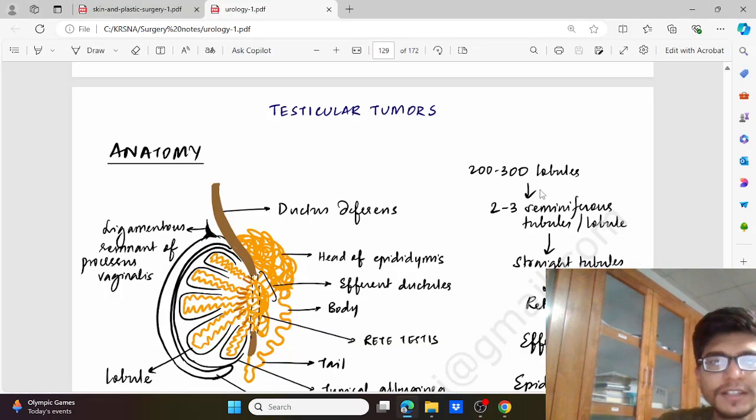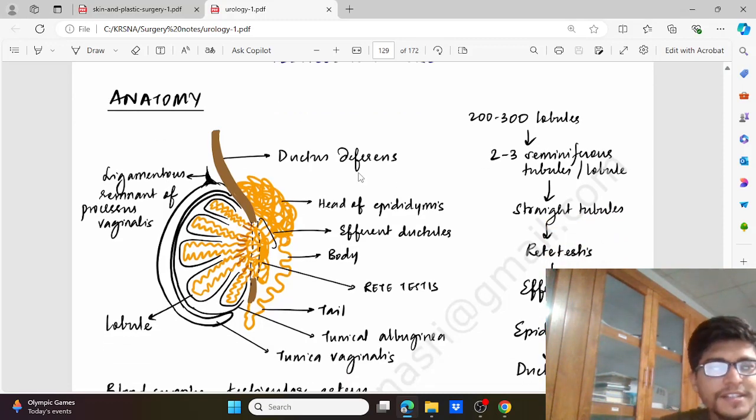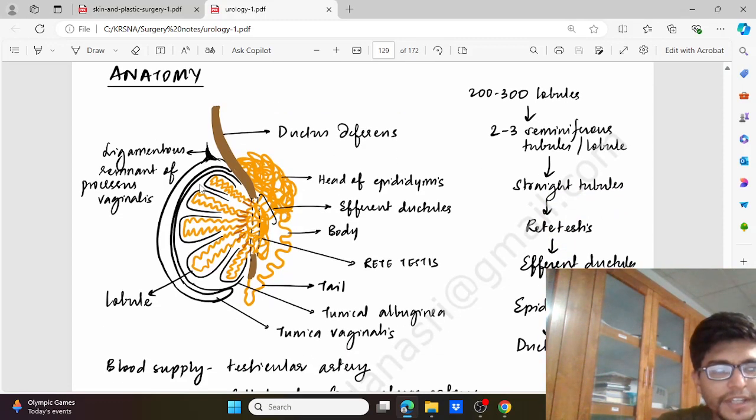Before starting, let's see the anatomy of the testis, where we have the outer layer as tunica vaginalis, the inner layer that is tunica albuginea, and it is secured by the ligamentous remnant of processus vaginalis.